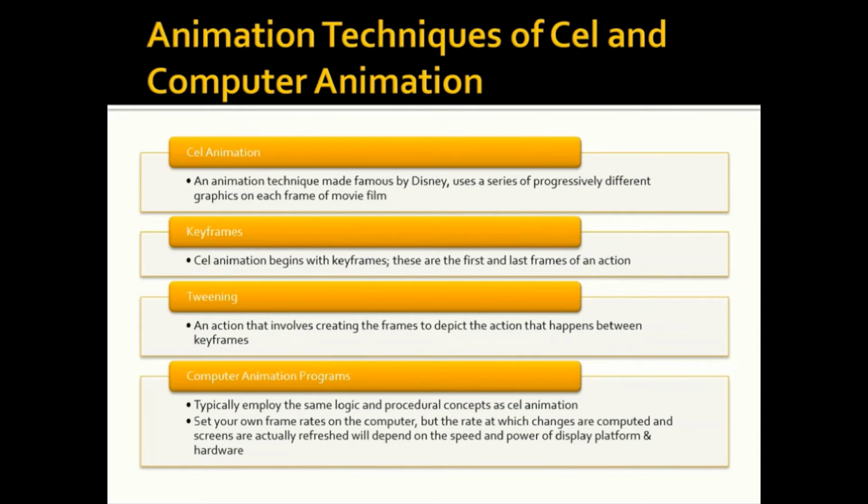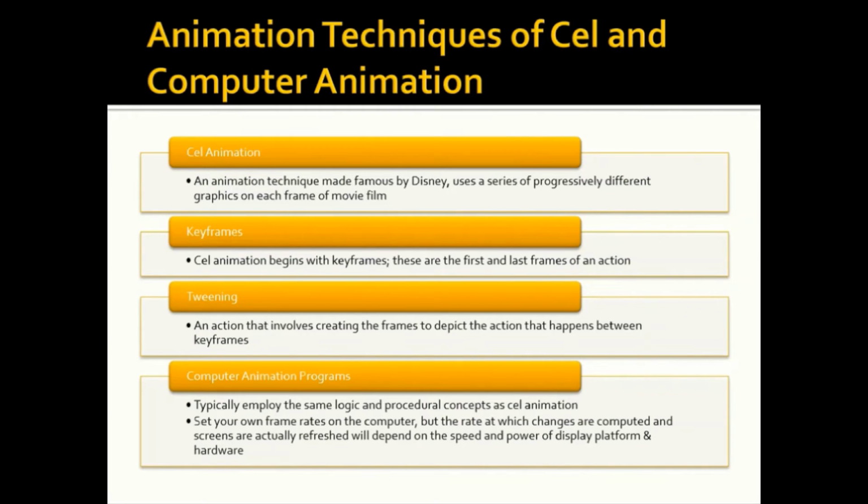The only primary difference between different animation software programs is how much the animator is required to draw, and how much of the object is automatically generated by the software.